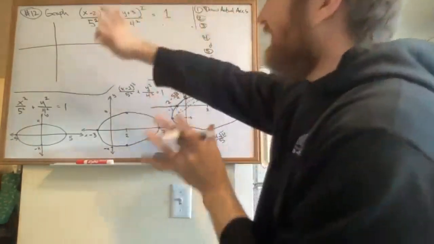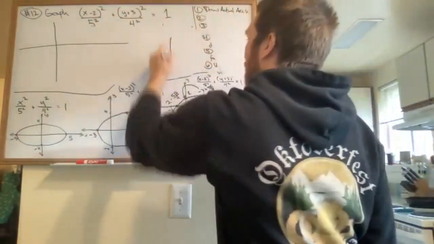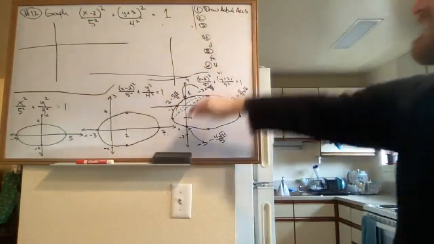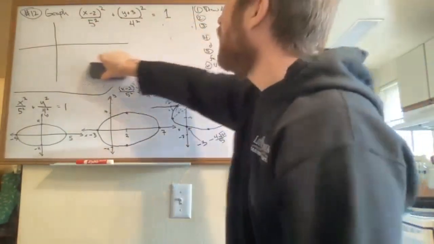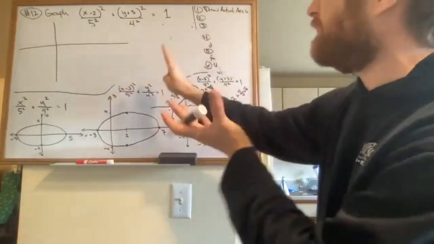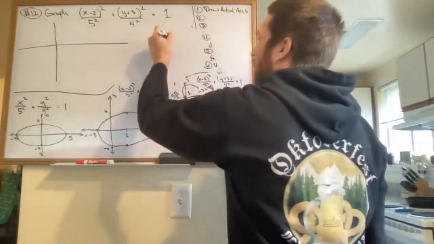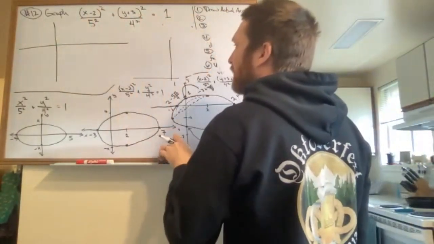And of course, it wouldn't be good to draw them like this on my page if I know that my thing's down here. So with this first step, you're kind of imagining, where is this thing going to end up? And I want to get a general idea. Well, it's going to be around here somewhere. So that's the picture I want. It's not going to help me to draw it like that. So, okay.